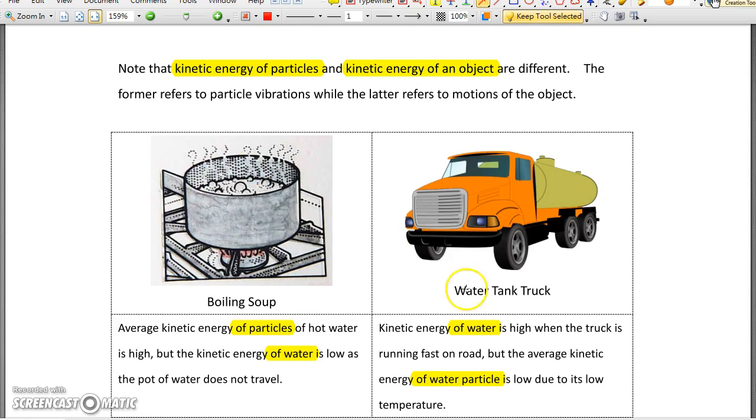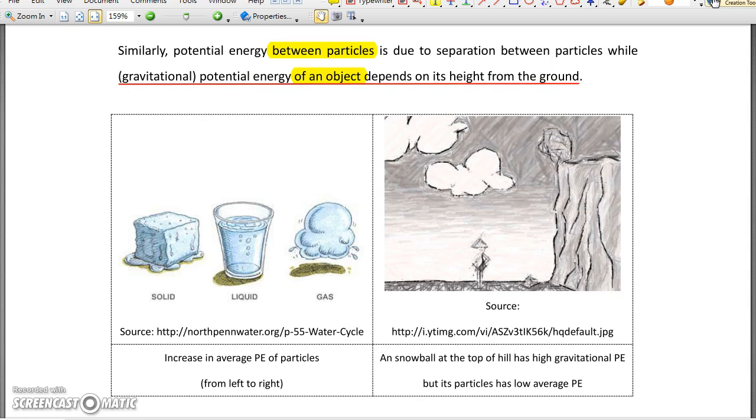Now let's also take a look at the water tank truck on the right-hand side. The truck is moving, so the kinetic energy of the truck is high. But talking about the kinetic energy of the water inside the truck, it is low because the water has a low temperature. Similarly, for potential energy, the potential energy of particles on the left-hand side increases from solid to liquid to gas.